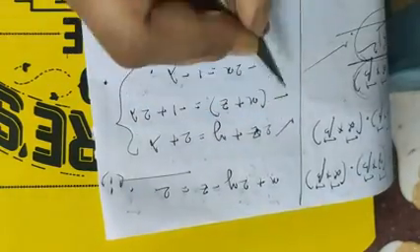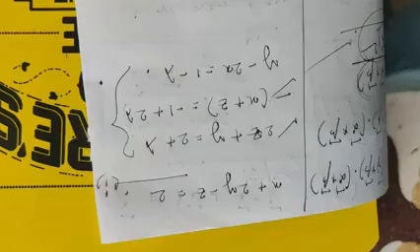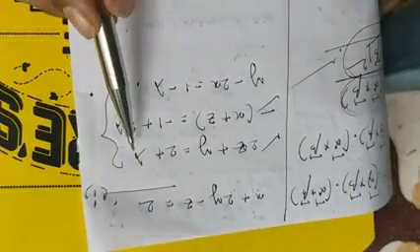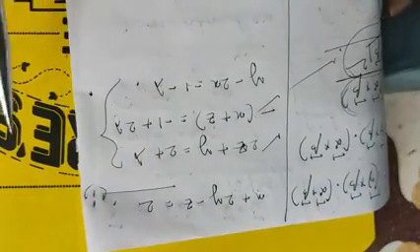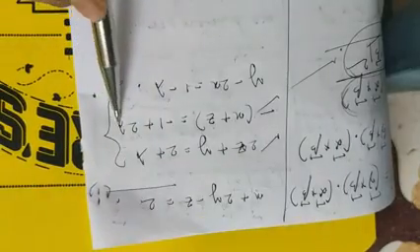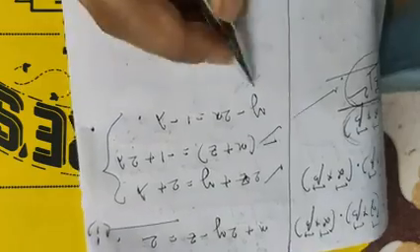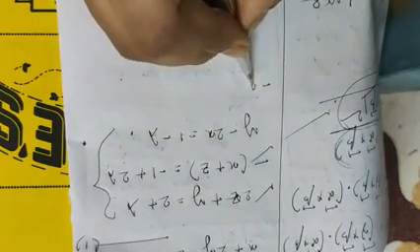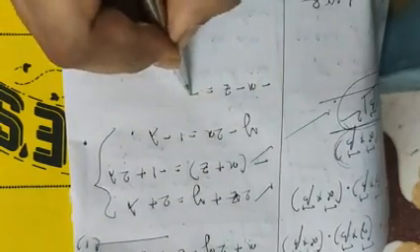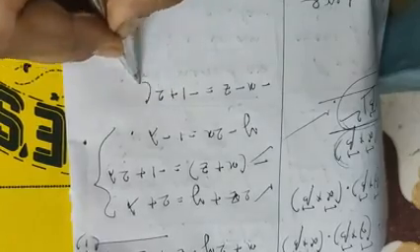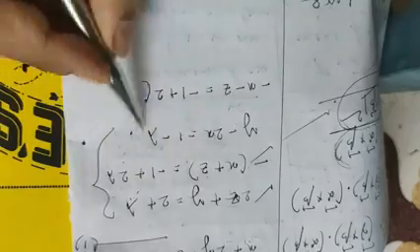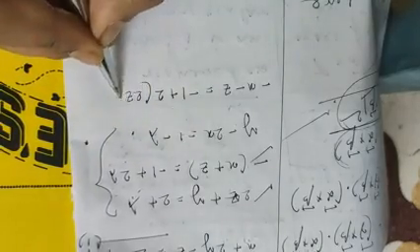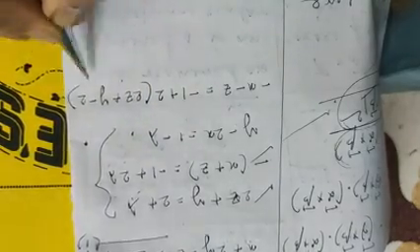If you take the first two equations, then we take the value of lambda from the first equation and put it in the second equation. Then we will get minus x plus z equals minus 1 plus 2 into the value of lambda from the first equation, that is 2z plus y minus 2.